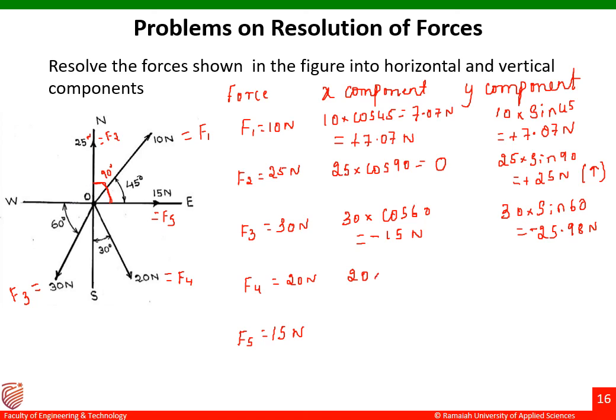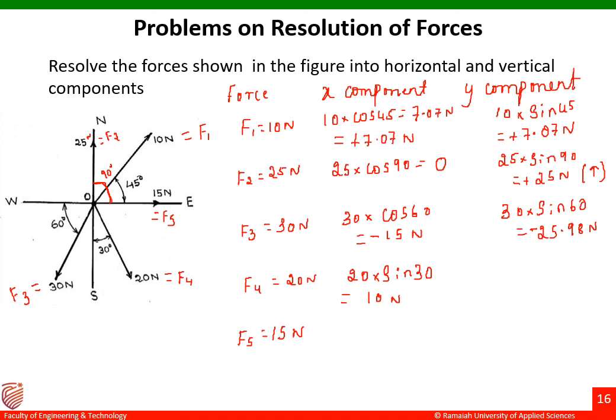20 into, you can see the angle 30 degrees is with respect to the vertical axis. In that case, the formula will change for Fx. That is 20 into sine 30 degrees. You'll get the answer as 10 Newton.